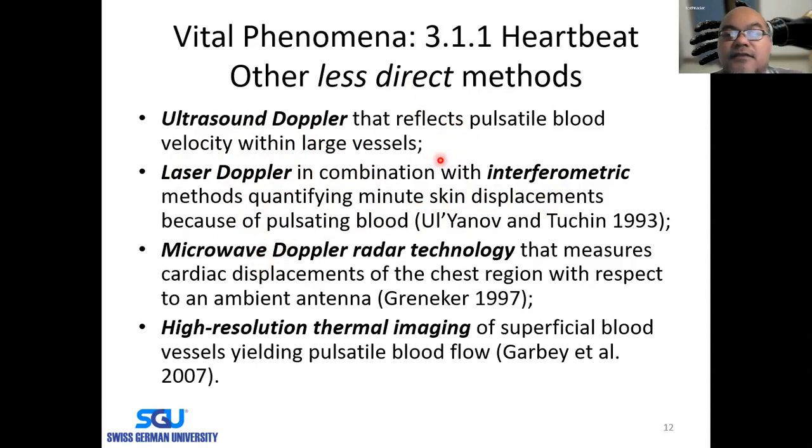Instead of acoustical or optical, we can also use another form of electromagnetic wave in the radio wavelength. We can use microwave Doppler radar technology that measures cardiac displacement of the chest region with respect to an ambient antenna. So here we can measure the heart using a sensor which is basically not contacting it.